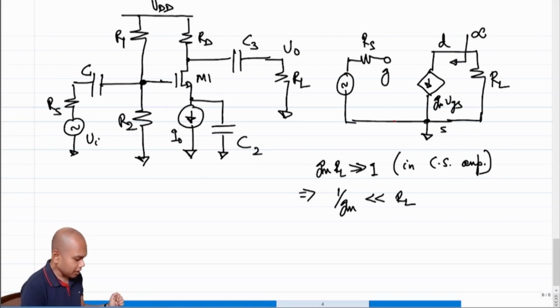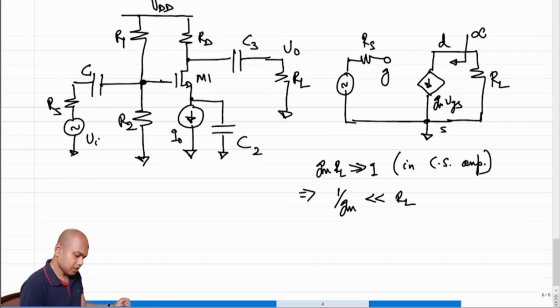So why am I saying this? Because it seems like the resistance looking into the source of the transistor is 1 over GM. So can we do something about it? Can we leverage something while looking into the source of the transistor? This might seem confusing at first, but bear with me.